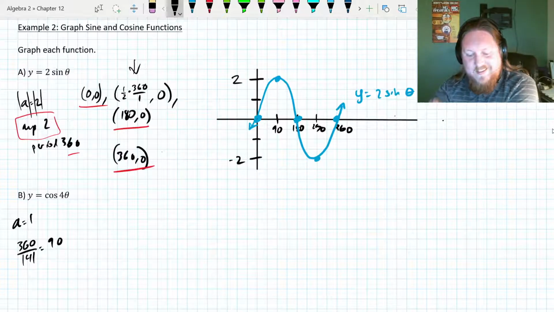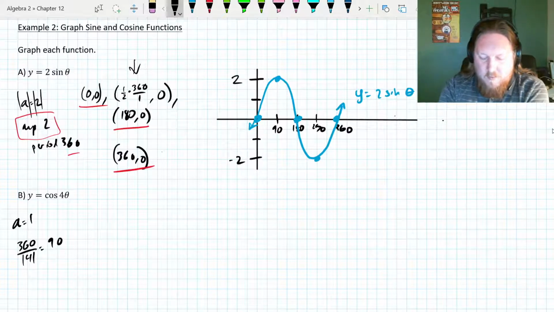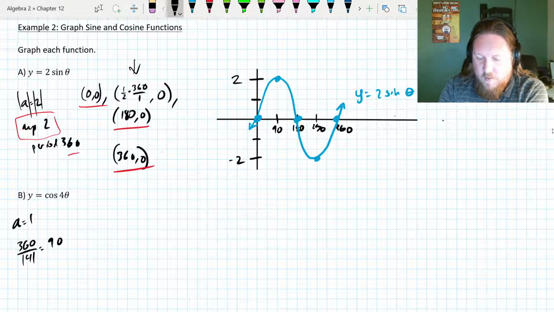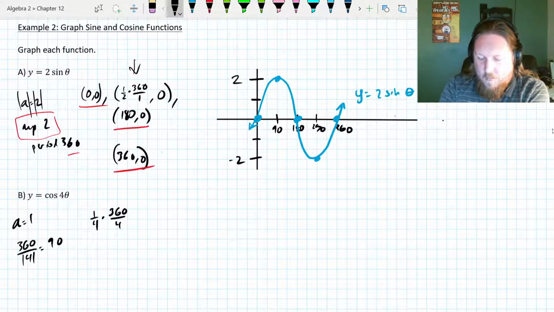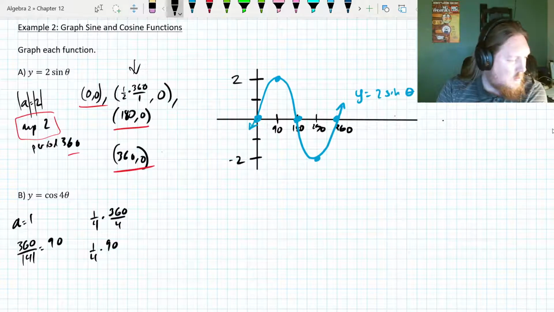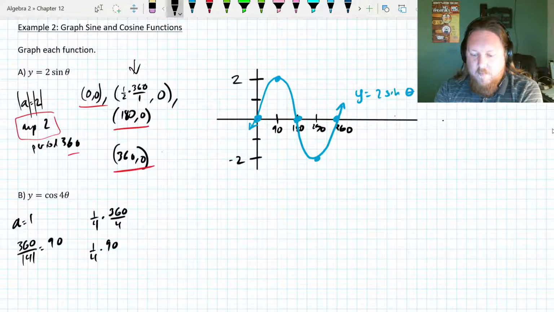So now our period is 90. And if you remember from our little chart, we're going to use this 360 divided by 4 in our calculation. So I have 1/4 times 360 divided by 4. So I have 1/4 of 90. Well, half of 90 is 45.